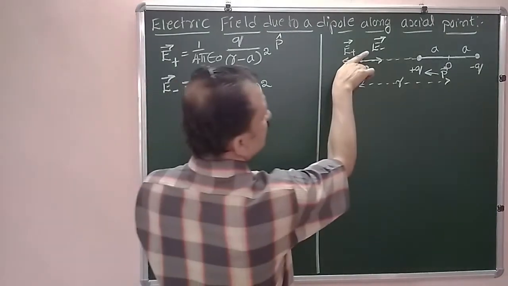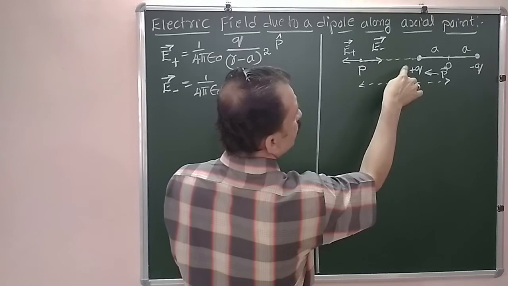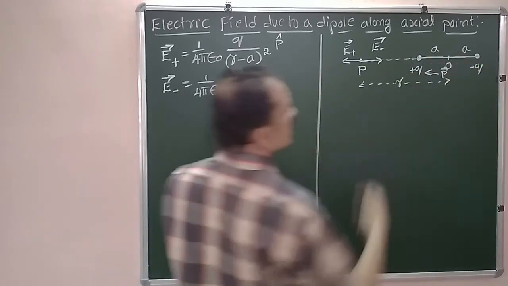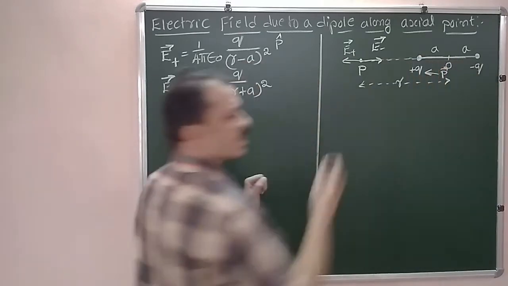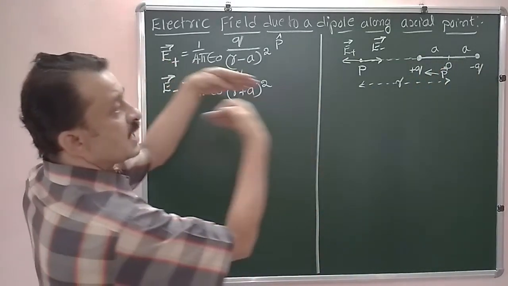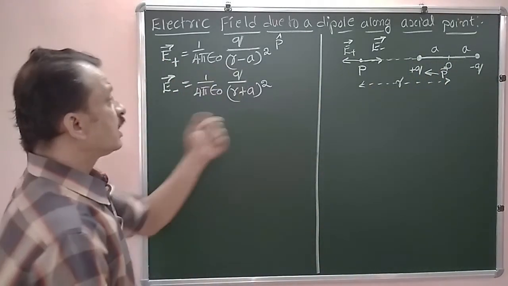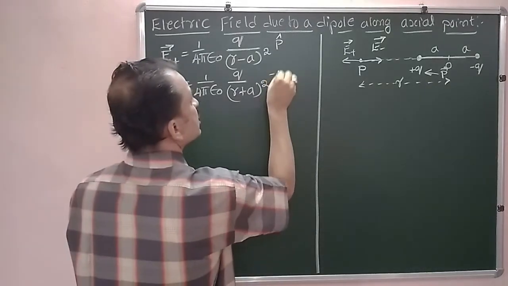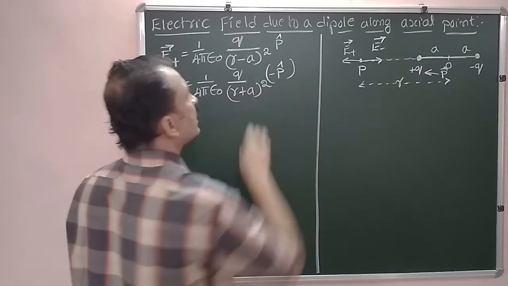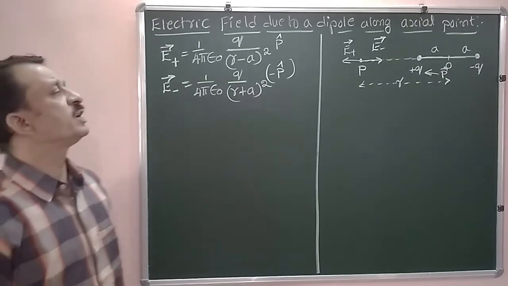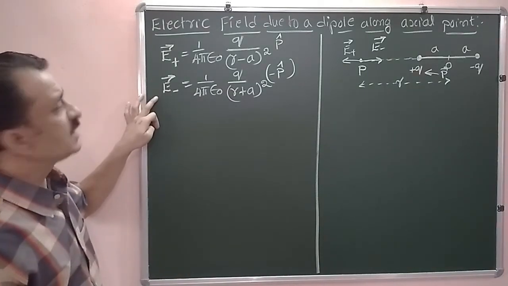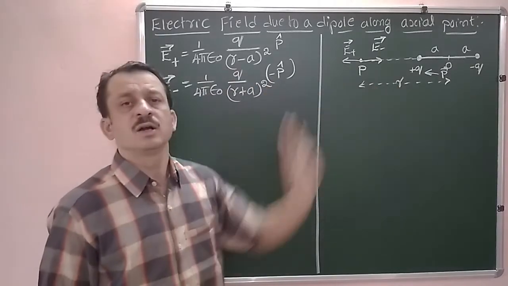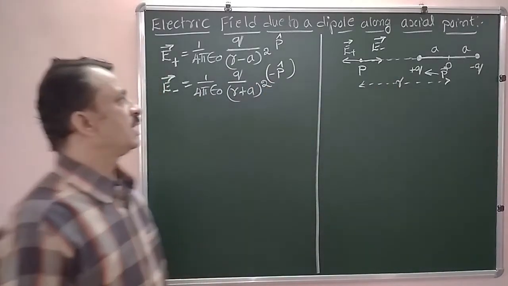Now this electric field is from positive charge towards the negative charge direction, but the dipole moment is from negative charge towards the positive charge direction. They are anti-parallel. Therefore, in order to represent the anti-parallel nature, we are placing a negative sign for the unit vector. That means this E minus field is in opposite direction to the dipole moment vector.